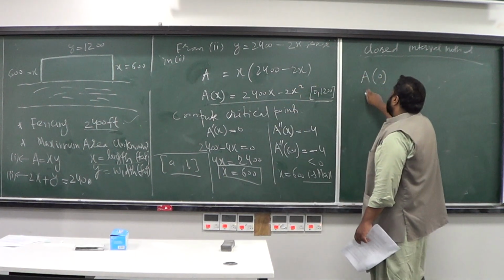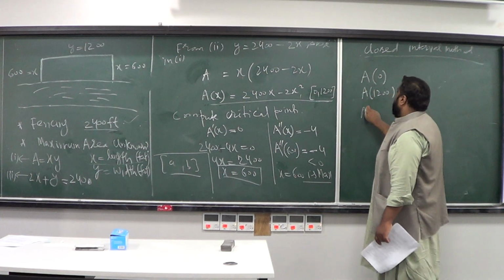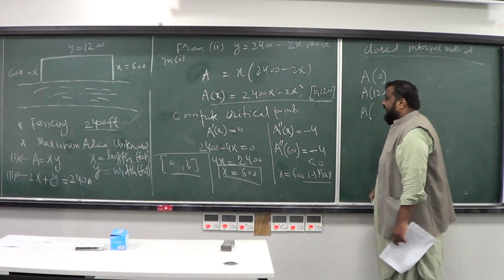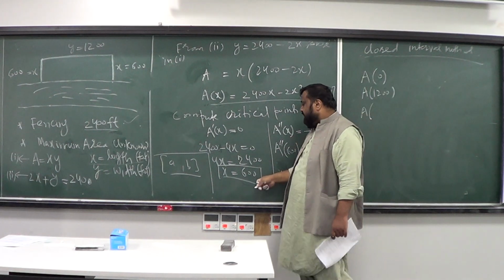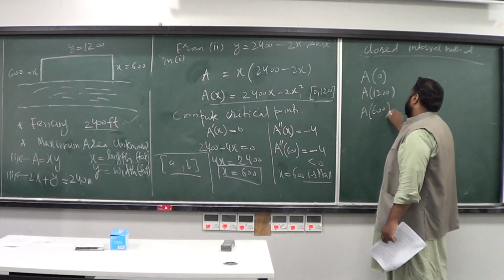First you need to compute at 0, you need to compute at 1200, and you need to compute it at the critical point, which is 600.